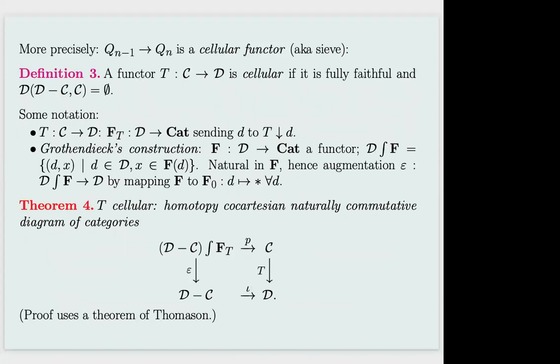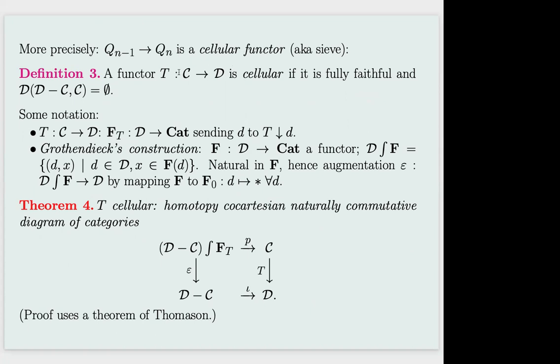Okay, so here's the idea to do that. This functor from Q_{n-1} to Q_n is a cellular functor. A cellular functor is, in other words, the same as a sieve, but I want to think of it in a different way than sieves.